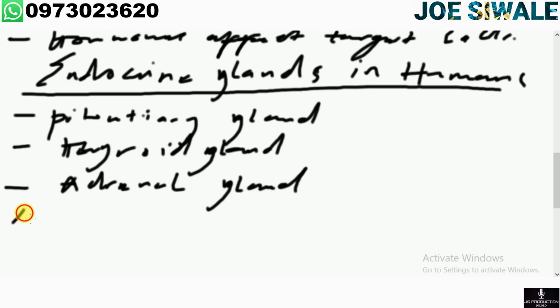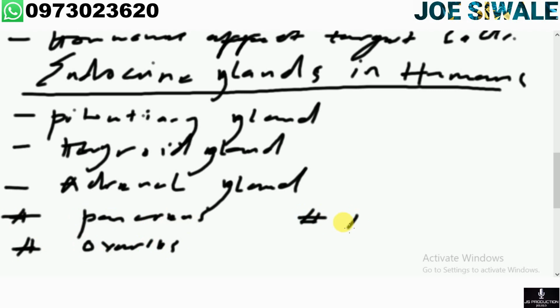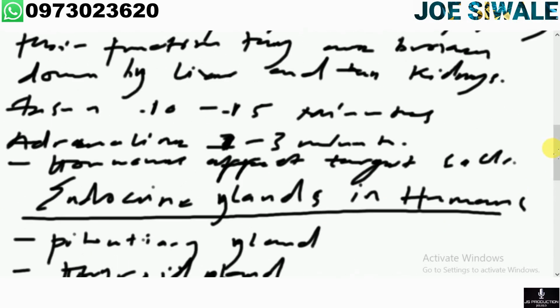These are major glands that are found in the human body. Then in addition, we have the pancreas, the ovaries, and we also have the testes. Let us look at the structure of the person that shows where these glands are located.